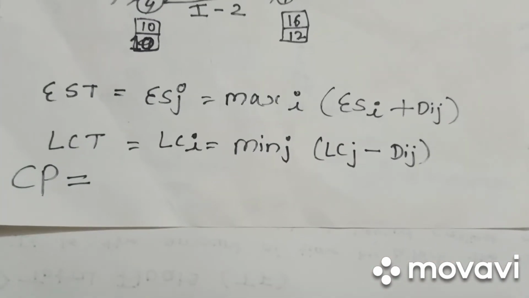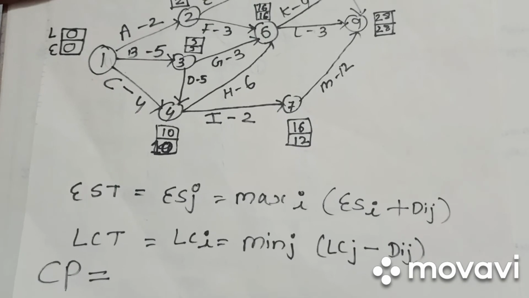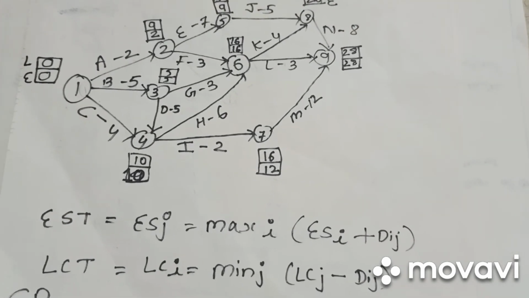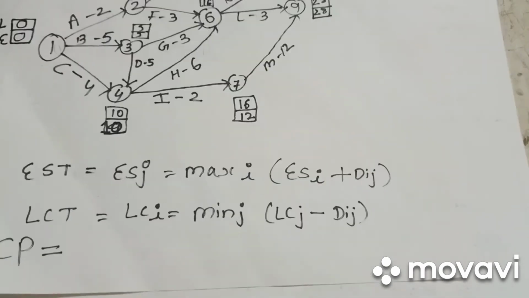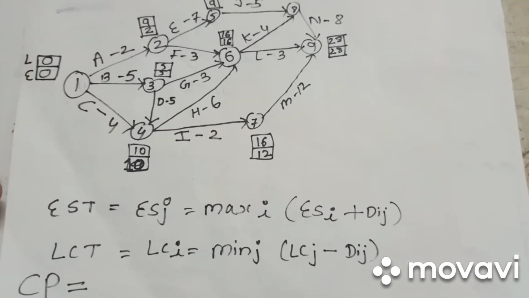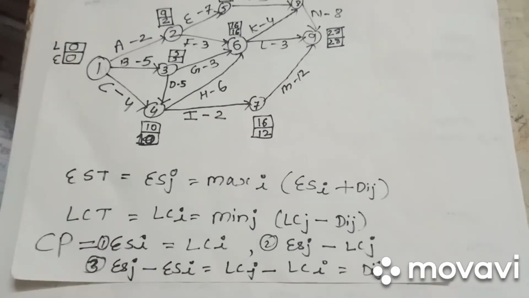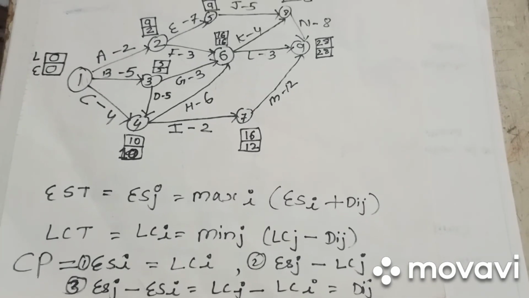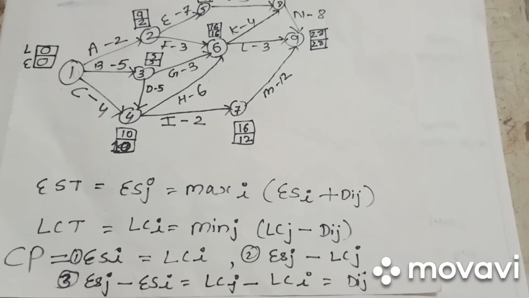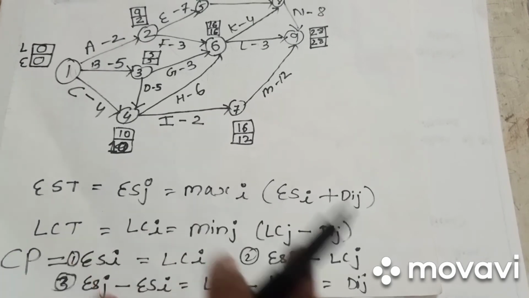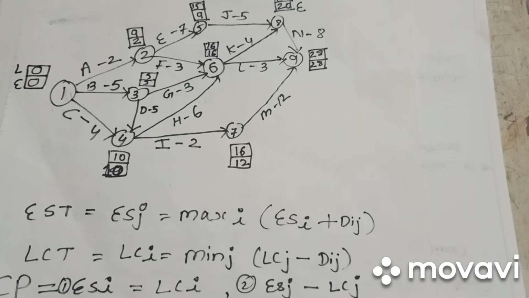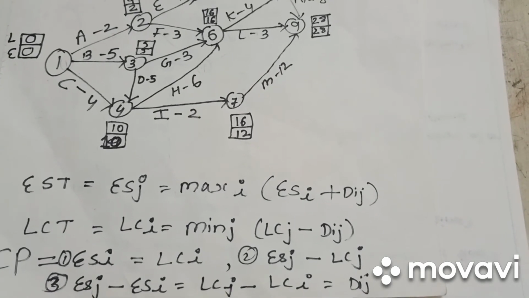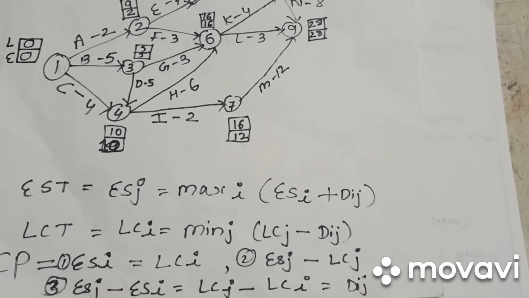So in this diagram, we have to understand the critical path with the help of critical path conditions. We have to find out the critical path in a systematic manner, and the critical path is also called the longest path. So in this diagram, with the help of these three suitable conditions, we have to find out the critical path, as I have already shown in my previous videos.